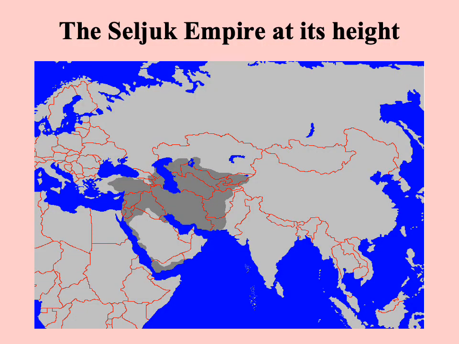Now, in some cases, one or another sultan is able to assert their authority over much of the Middle East, so maybe briefly reuniting territory under their authority. An example, again, would be the Seljuks, and here we see a map depicting the Seljuk Empire at its height. But for the most part, the region is becoming politically fragmented, and it's becoming very difficult for any one sultan to maintain authority over the entirety of that territory.